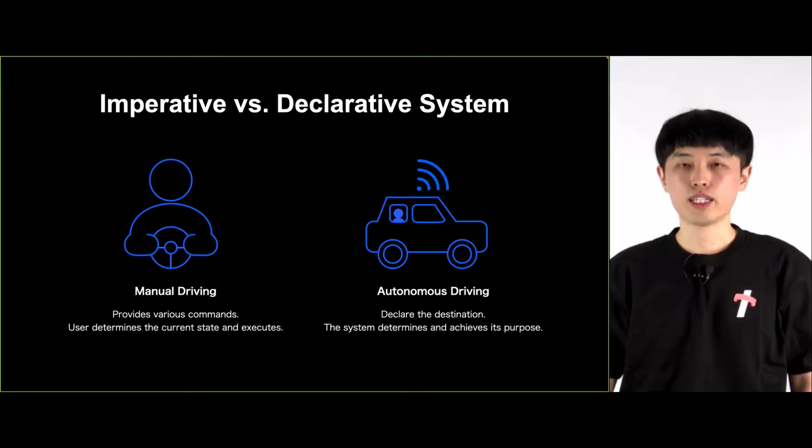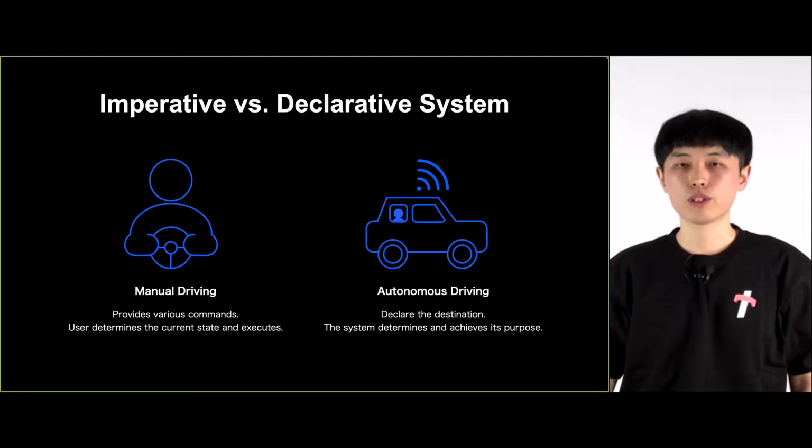In an autonomous driving system, instead of the user making decisions and executing commands, the user just declares the final destination. Then the system will do its best to reach the final destination by identifying the current location and what barriers there are. So it's a different system to use from a user perspective.